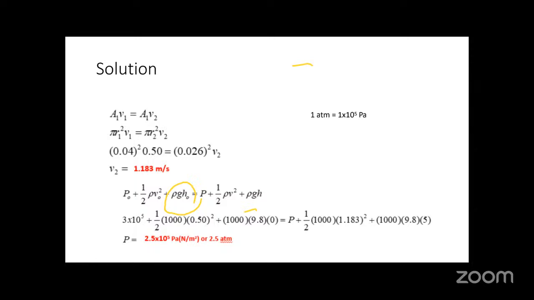Then we make P2 the subject of the formula. So if we substitute and simplify that, we get an answer there, 2.5 atmosphere.